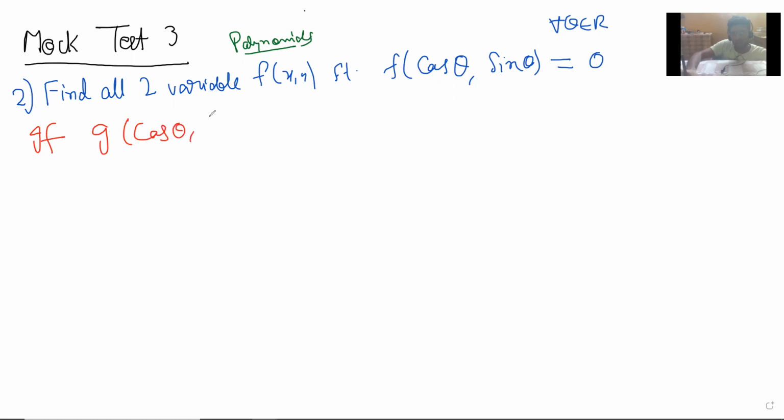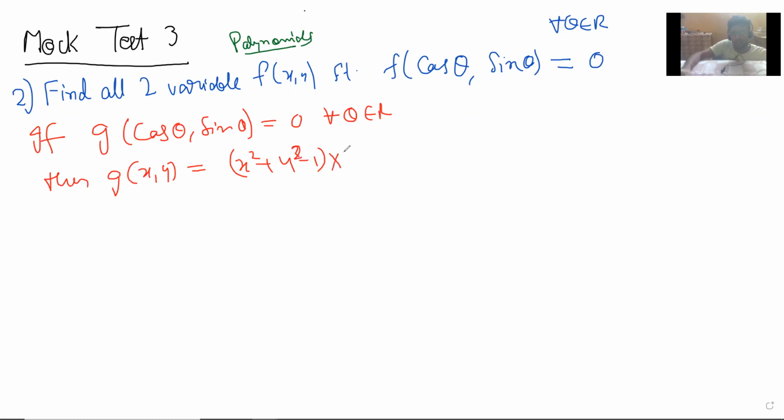If g of (cos theta, sin theta) is equal to 0 for all theta in R, then what we want to show is that g of (x, y) is equal to this polynomial times some polynomial, with no remainder. This is what we want to show.